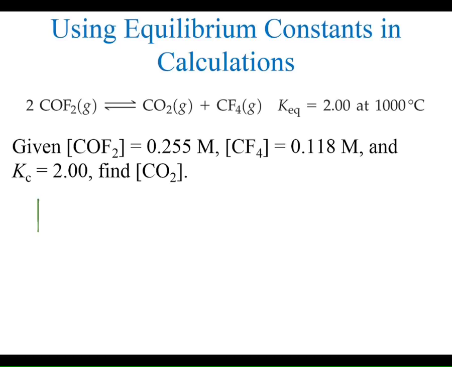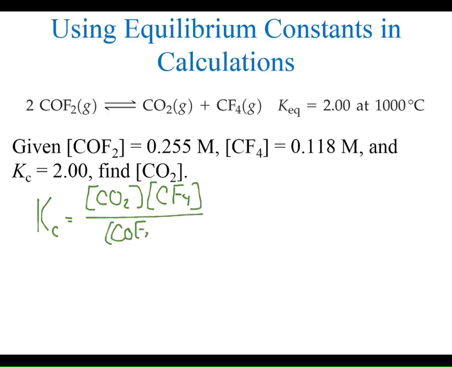I write my K, whether you call it C or EQ doesn't matter. It's the concentration of CO2 times the concentration of carbon tetrafluoride over the concentration of COF2 squared, right?